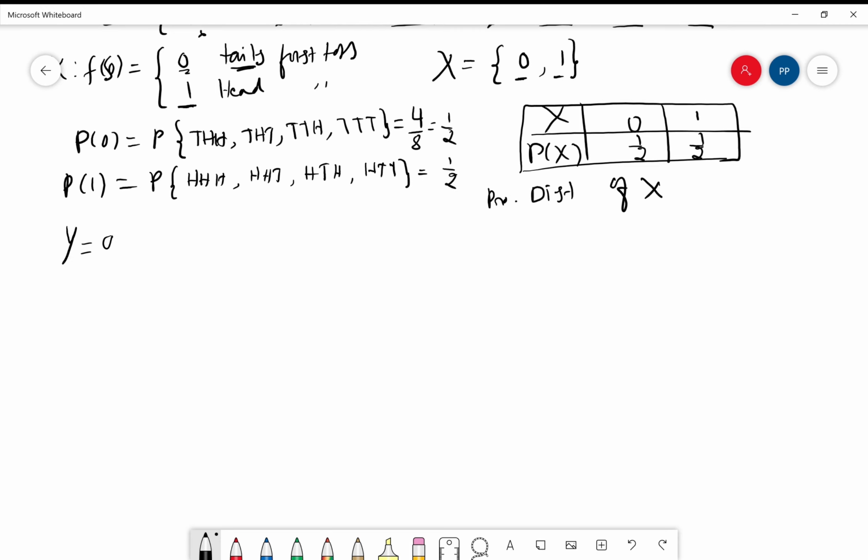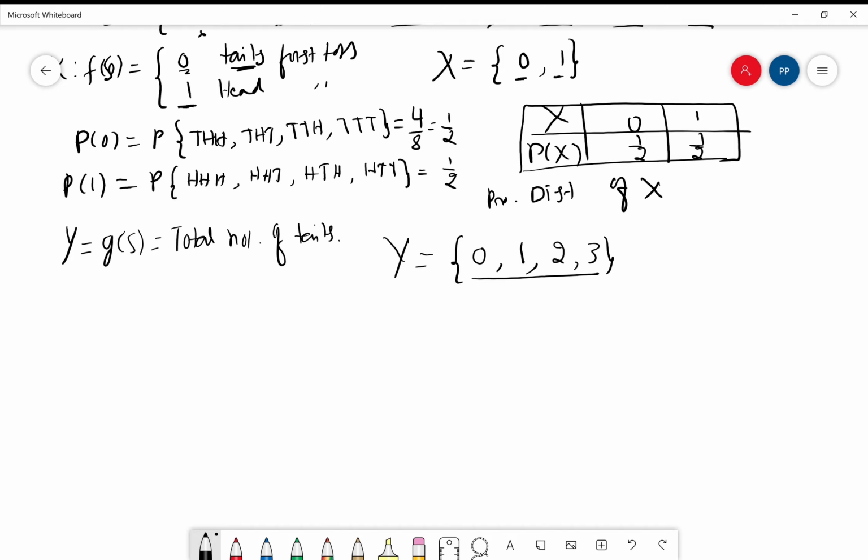Y is some other rule, we'll call it g of s, which is the total number of tails that occur. Since we are tossing a coin 3 times, the total number of tails can be no tail, that is 0, then one tail, that is 1, then 2, and a maximum of 3.